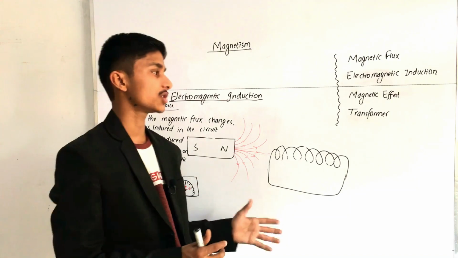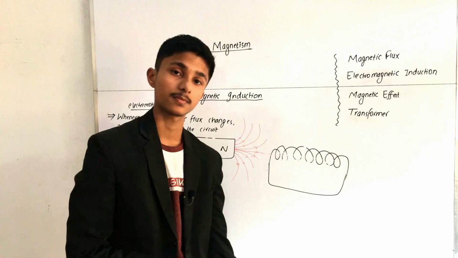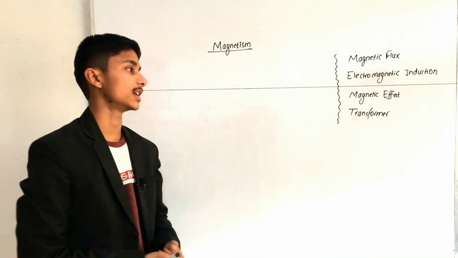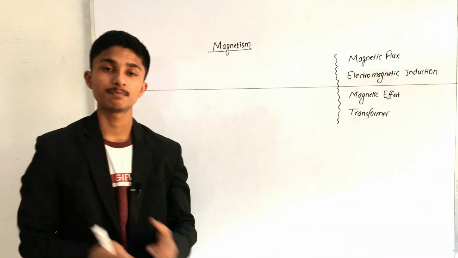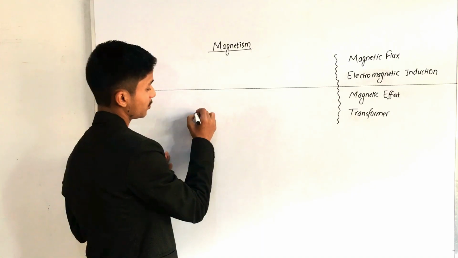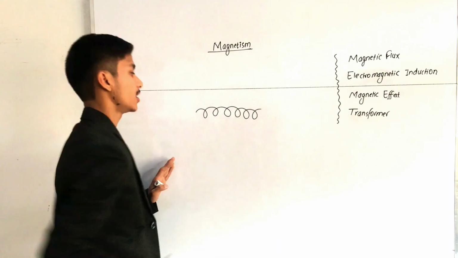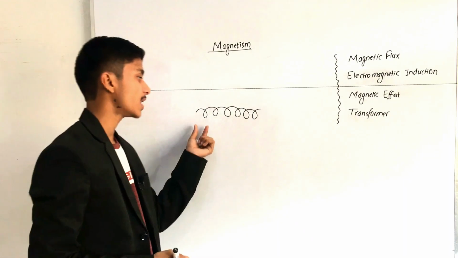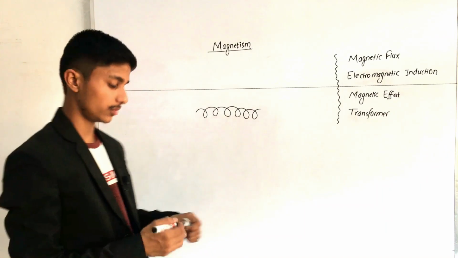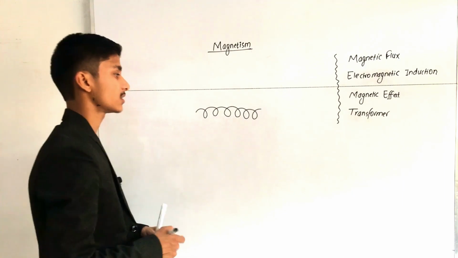Now we go to our next topic, that is magnetic effect. What is magnetic effect? Suppose this is a coil. Whenever electricity is passed in this coil, what happens?